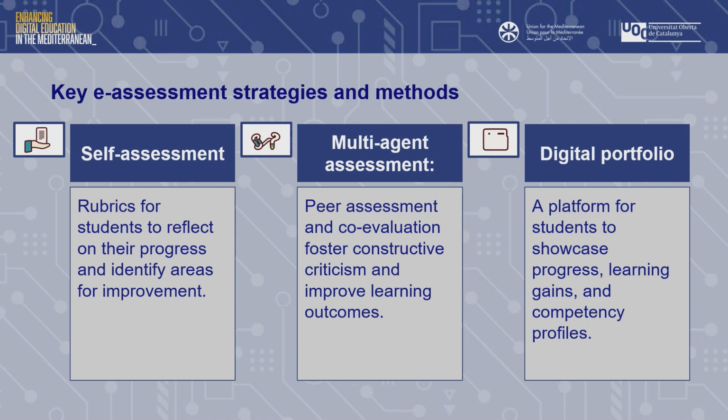So a simple way to implement this is by using self-assessment rubrics where students can score themselves based on clear criteria. This helps them think critically about their own work and set goals for improvement. Then we can have multi-agent assessment, which is another valuable strategy, which involves peer assessment and co-evaluation. This means giving students the opportunity to assess each other's work.